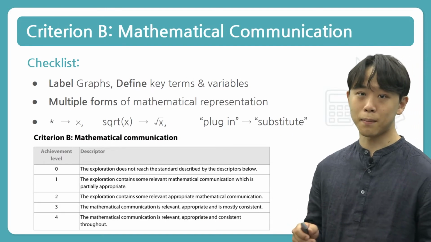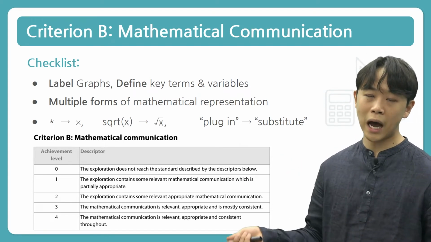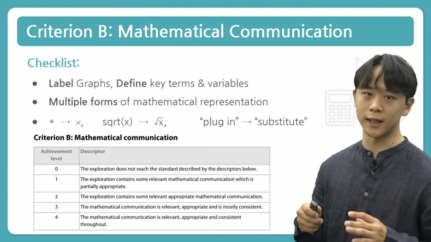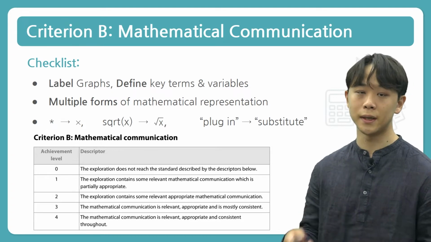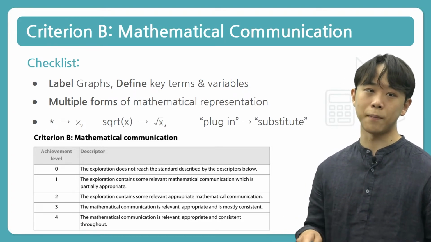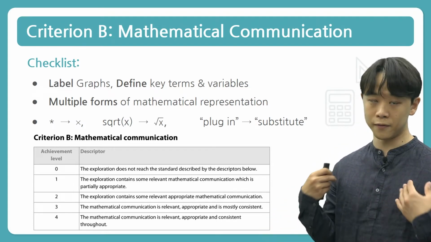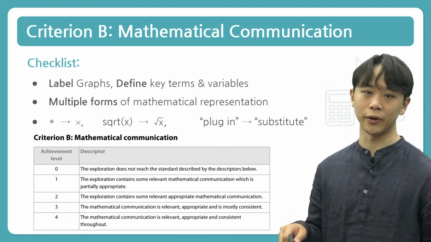Criterion B, mathematical communication, is worth 4 marks, and how well you do in this section is determined by how methodically, how meticulously you define the key terms, symbols, and variables that you use throughout your IA. You should have a balanced usage of various channels of communication and visuals, and you should be very careful not to use calculator notation.